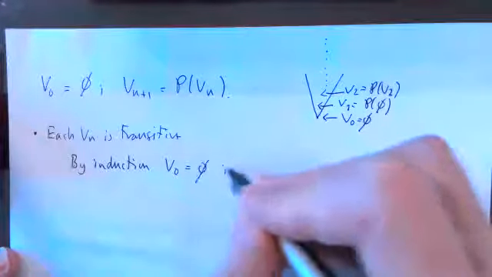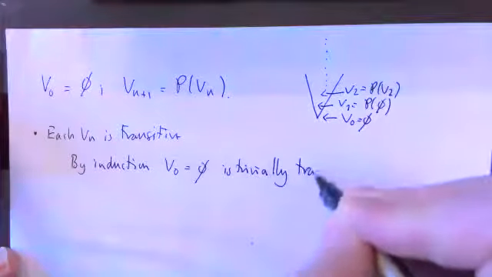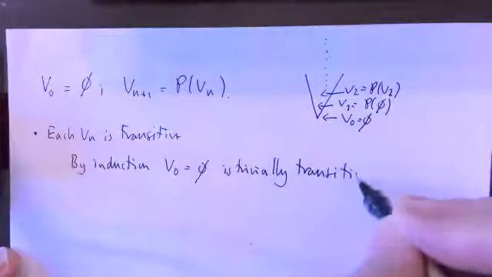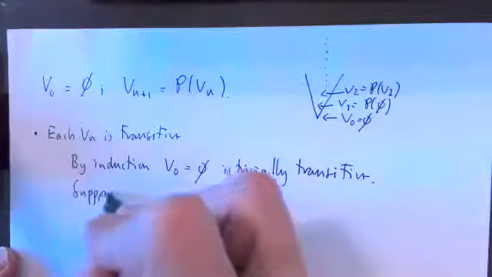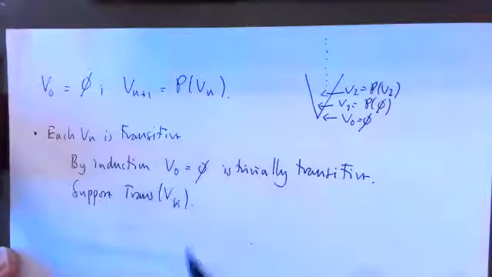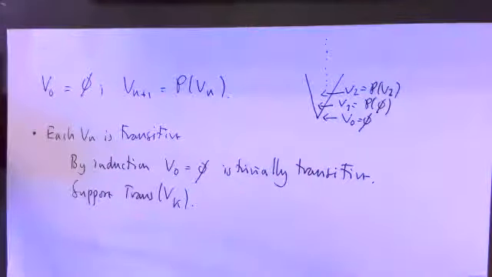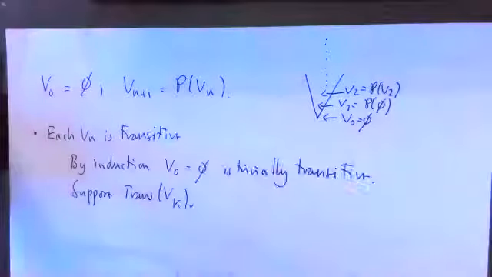The empty set is trivially transitive. Suppose Vk is transitive. Okay, V(k+1) is the power set of Vk here.